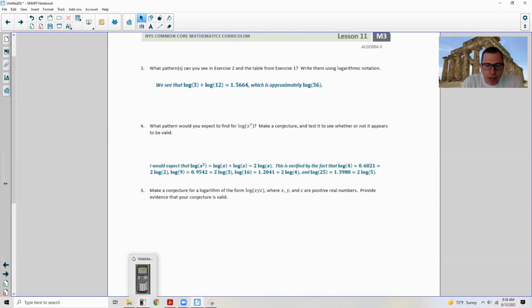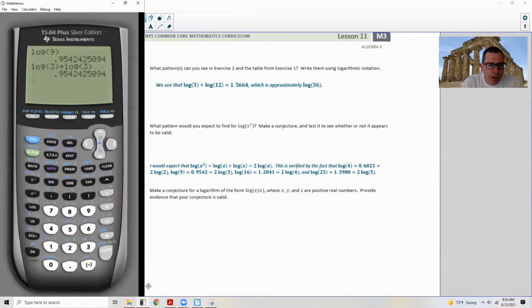Well, log 3 plus log 3 is 2 log 3. So if I bring my calculator back up and do 2 log 3, that's the same as log 3 plus log 3. You get the same number, okay? So what they're actually doing here is giving us a new property. Where did the power go? Log x squared equals log x plus log x, which equals 2 log x. So the 2 went from the power out in front.